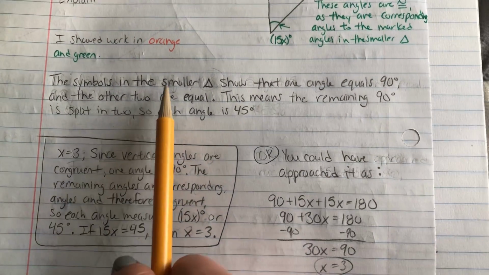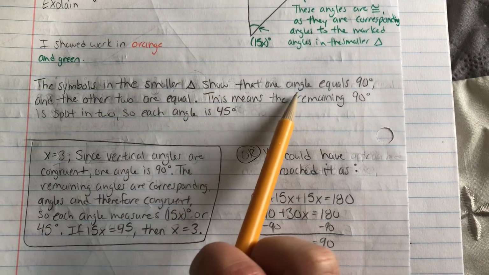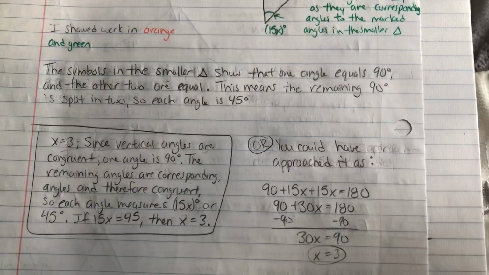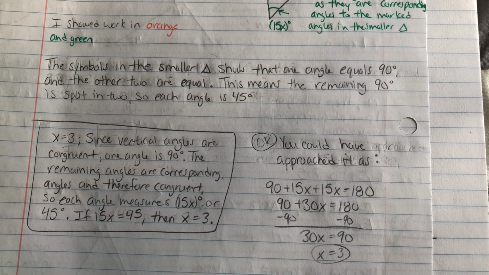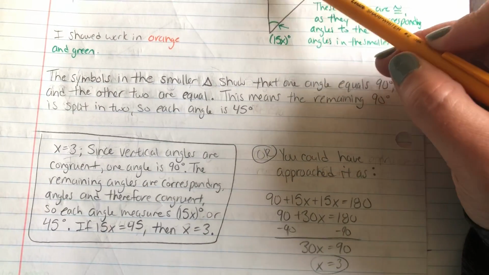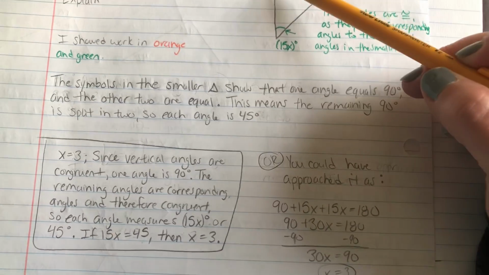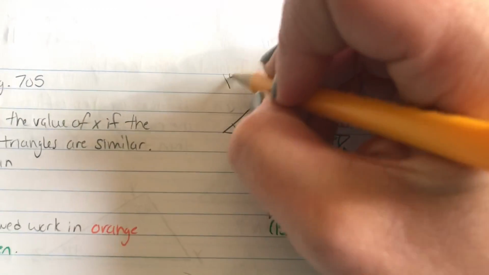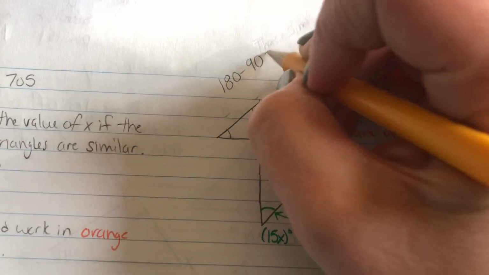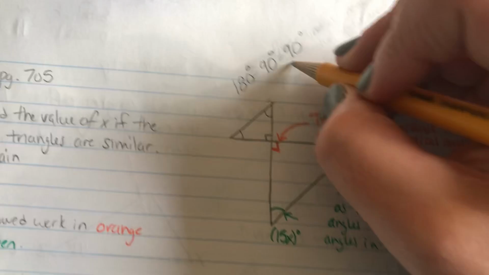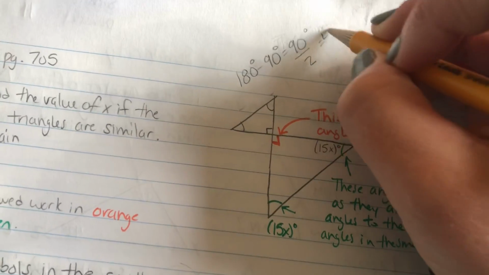The symbols for the smaller triangle show that that one angle equals 90 degrees and the other two are equal. Well, if there's a total of 180 degrees in a triangle, then that means these other two remaining angles, 180 minus 90, we have 90 degrees left over, divided amongst the two equal angles.